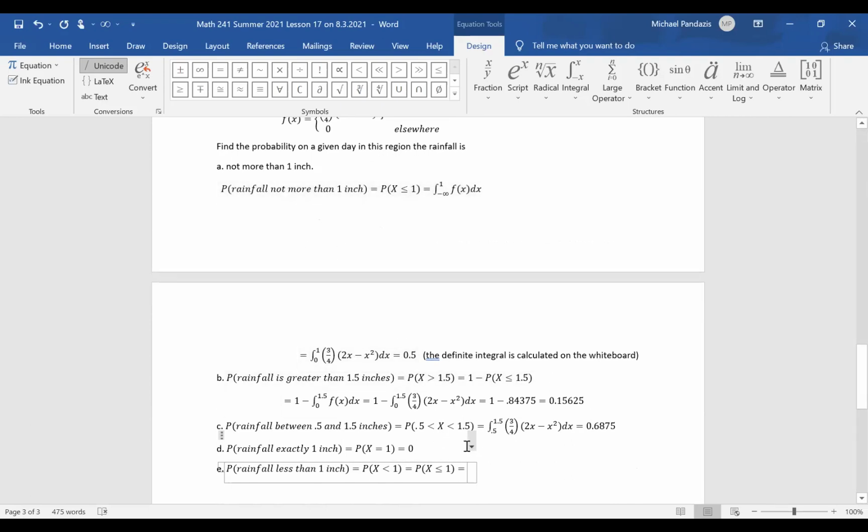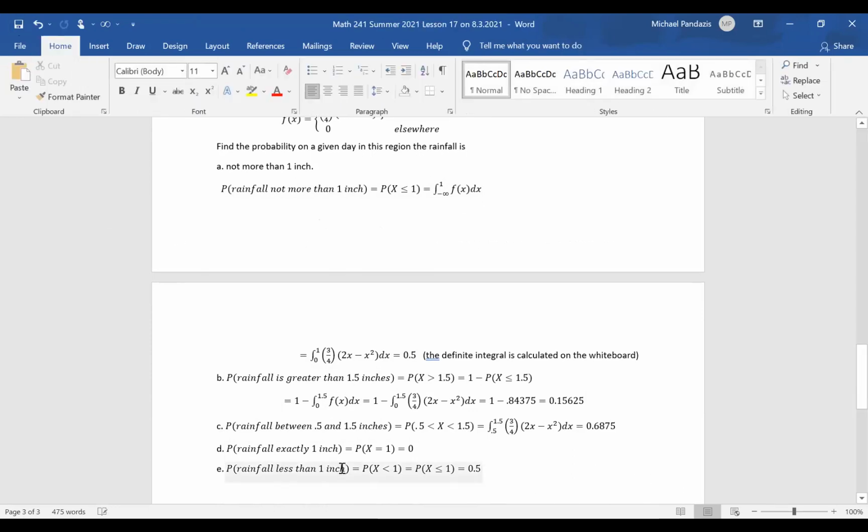So that equals 0.5. So the probability that the rainfall is not more than 1 inch, or less than or equal to 1 inch, is the same as the probability of less than 1 inch. Okay, 0.5. Good. So that's that entire example.